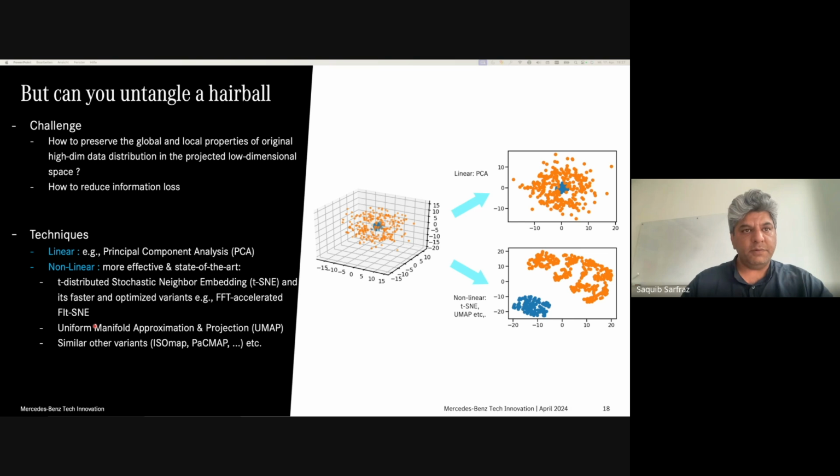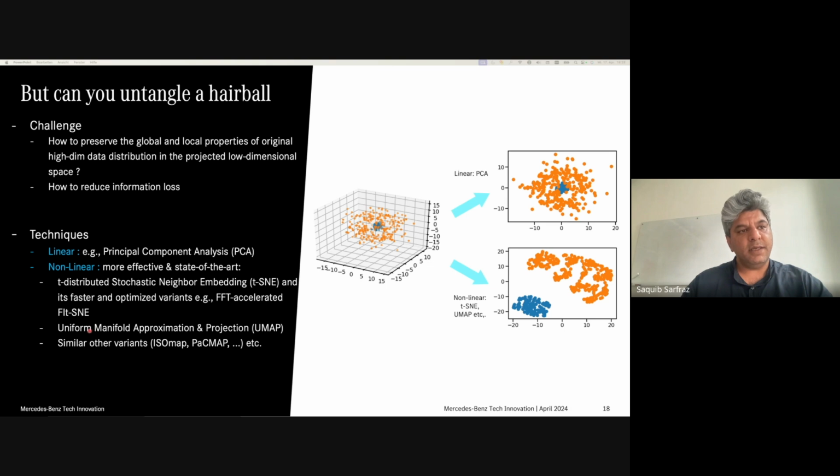Because it has been in use for so long, faster optimized variants exist. One noteworthy faster optimized variant of t-SNE is FFT-accelerated, FLt-SNE, so it can do it faster now.